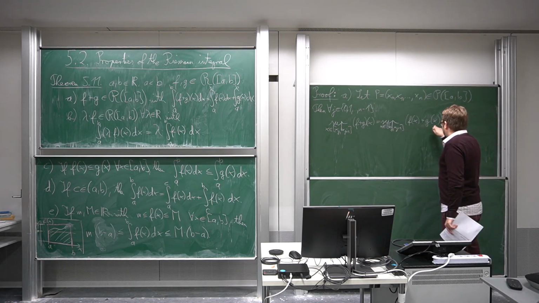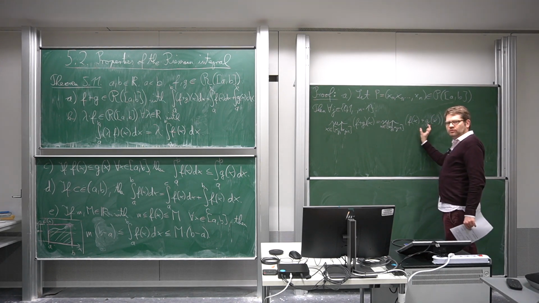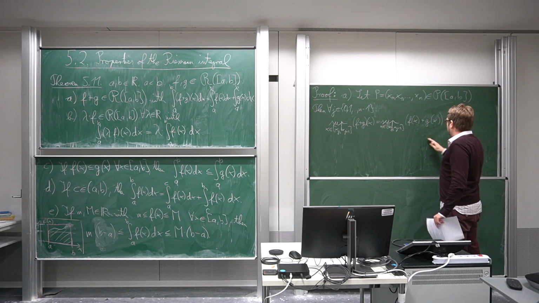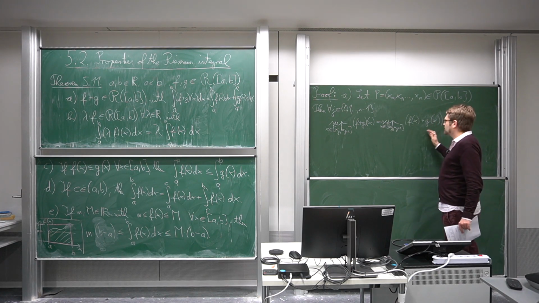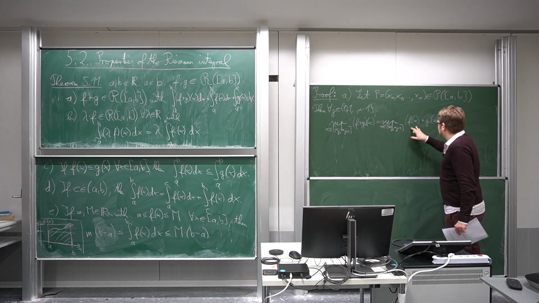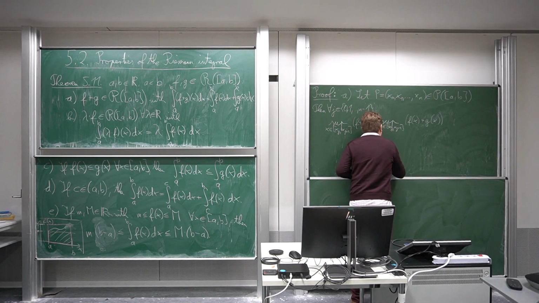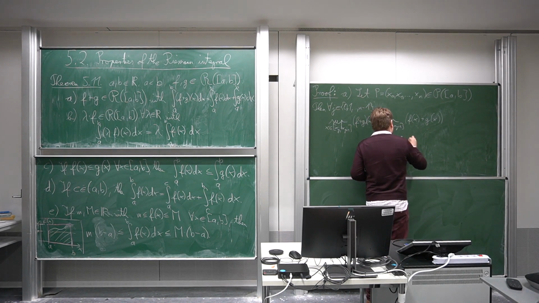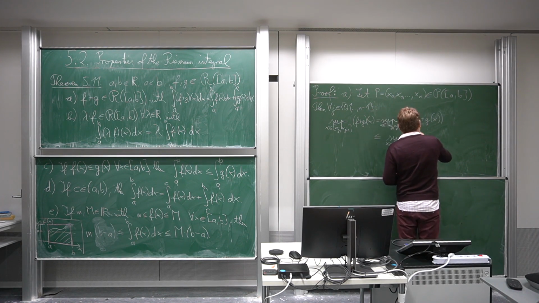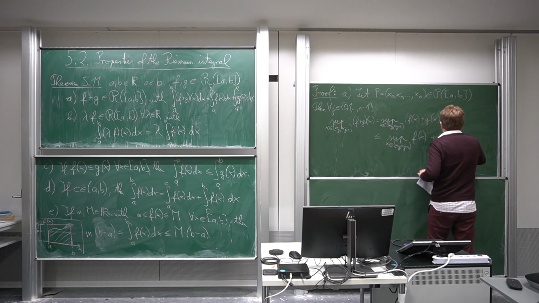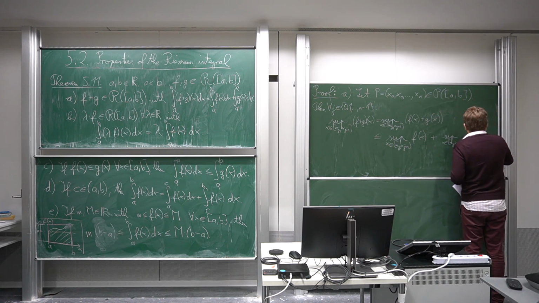Of course, the supremum of this expression will be smaller than or equal to what I could get if I allowed both variables to vary. So if I just wanted to maximize the expression f of x plus g of y for some y in the same interval, this is lower than or equal to the expression that does precisely what I just said: the supremum over x in [xj, xj plus 1] of f of x plus, now taken separately, the supremum over [xj, xj plus 1] of g of x.